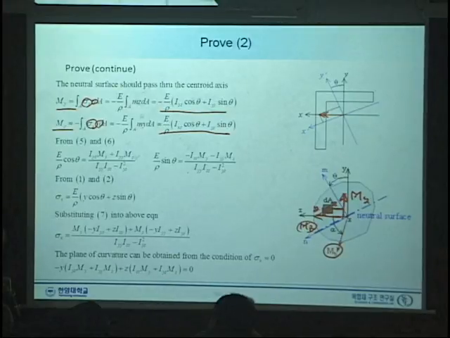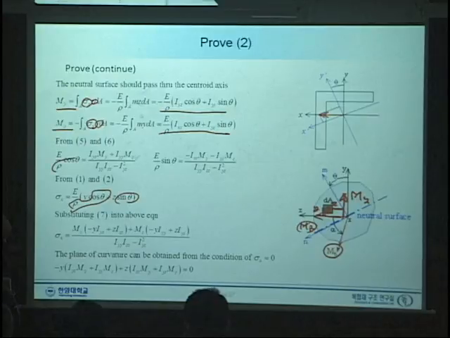So that's why we have this one. So rho cosine theta and rho sine theta, we put it here and put it here. Then sigma x is simply given in terms of moment y and moment z, and all the moments of inertia.